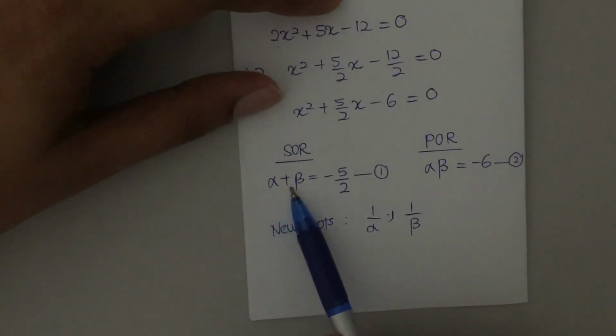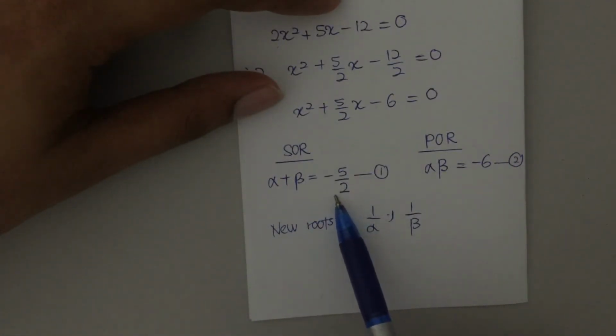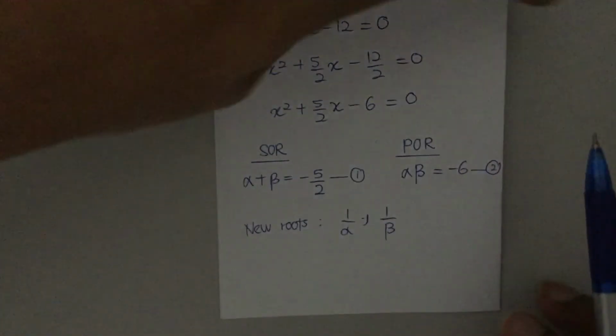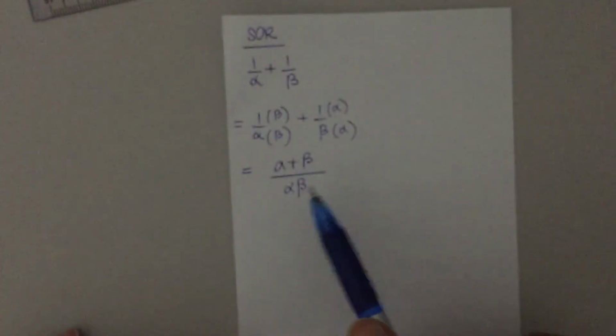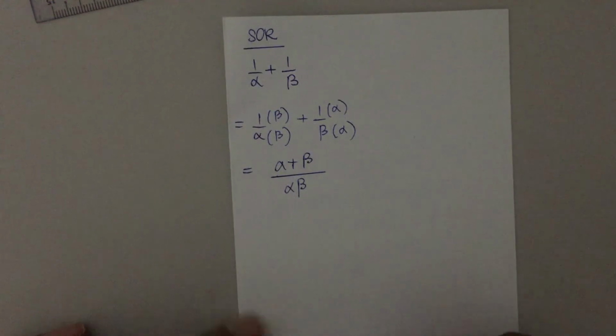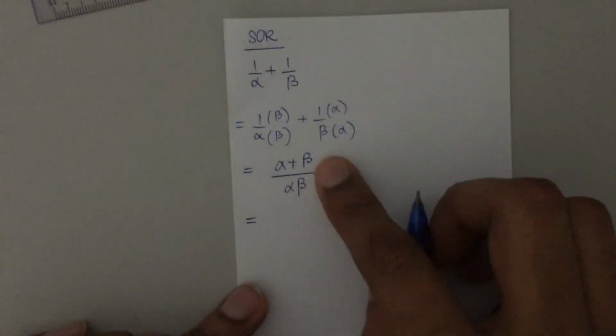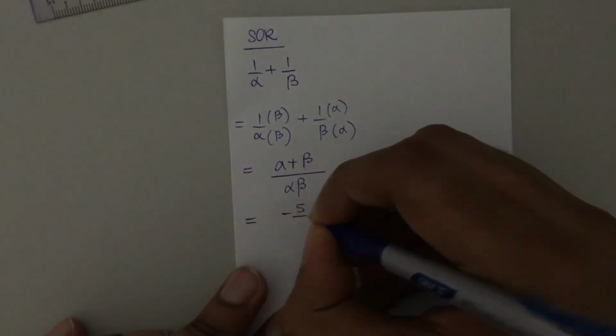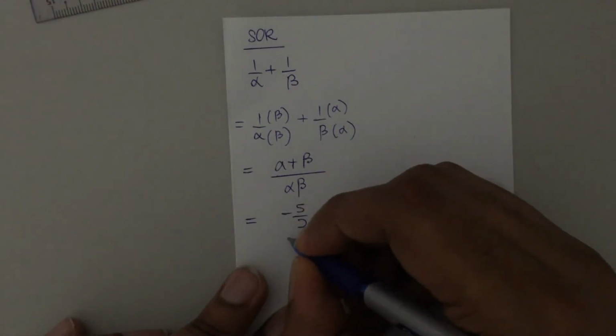Remember, we have already formed the equation over here. Alpha plus beta is equal to negative 5 over 2, and alpha beta is equal to negative 6. So this value, we are going to substitute over here. Alpha plus beta will be negative 5 over 2, and alpha beta is equal to negative 6.